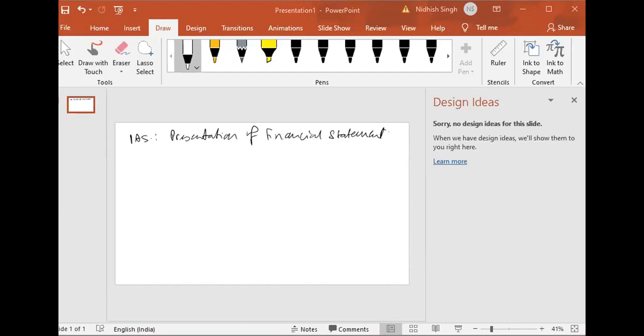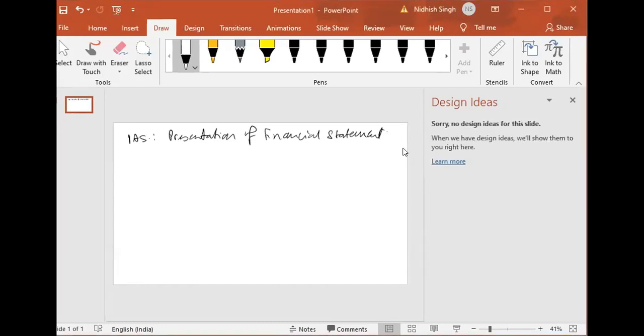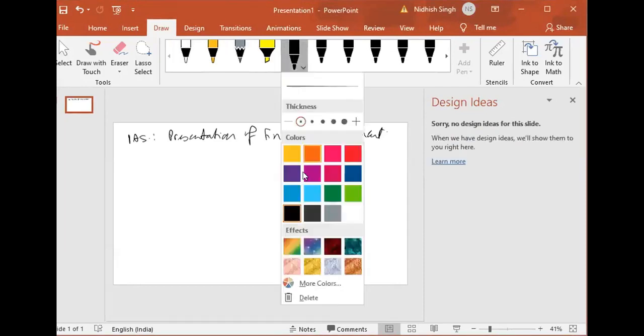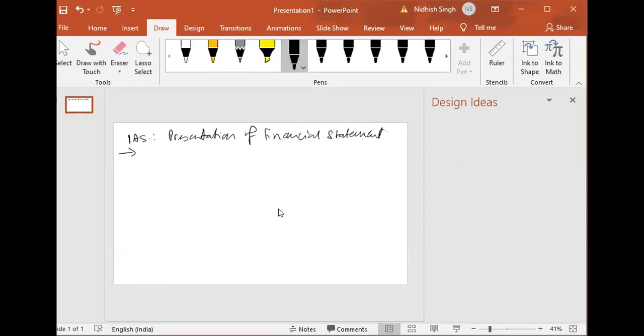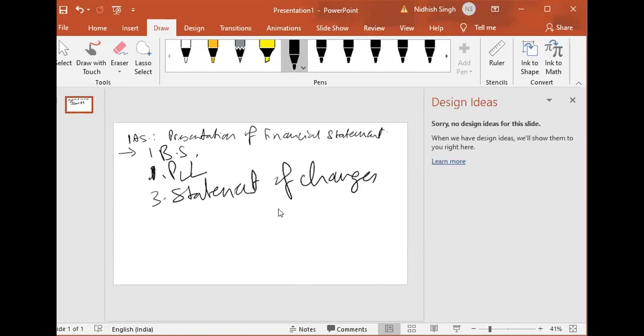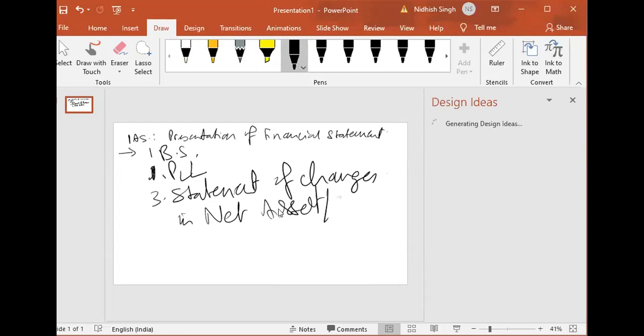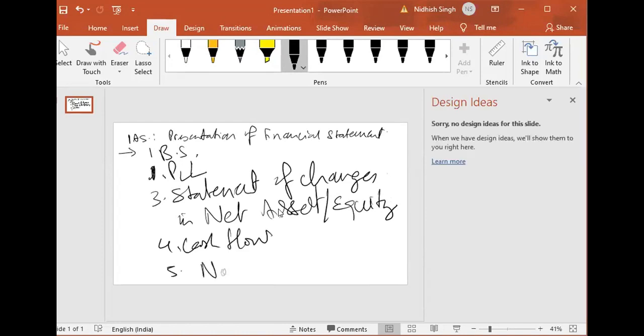Right. So there I see as an accounting professional, we can find out that every set of financial statement should have one balance sheet, P&L, statement of changes in net asset or net equity, cash flow, and finally notes.